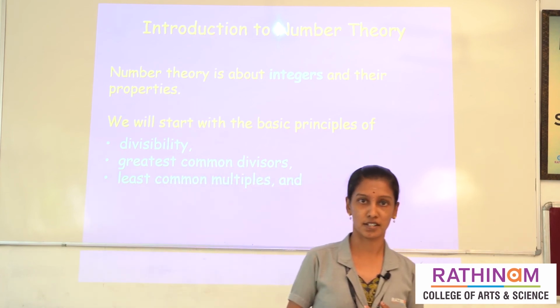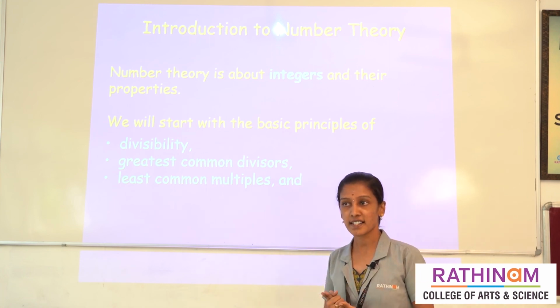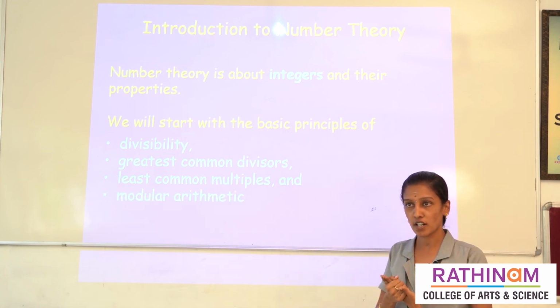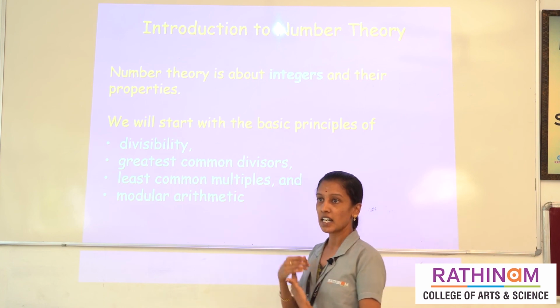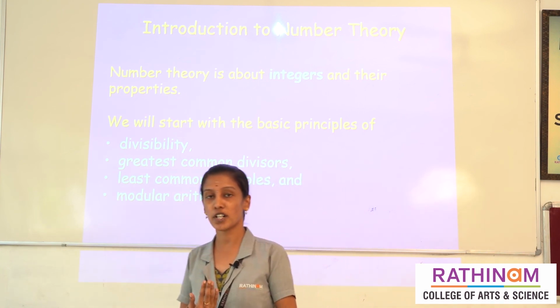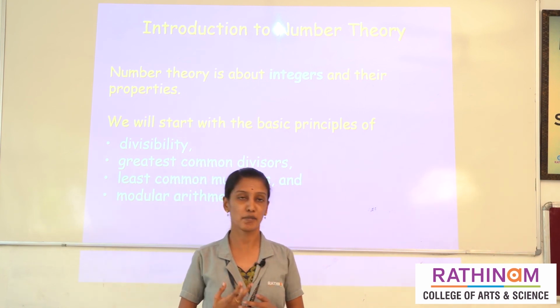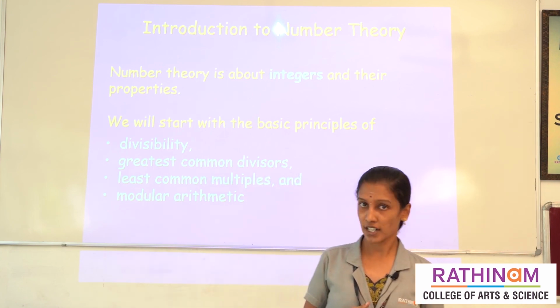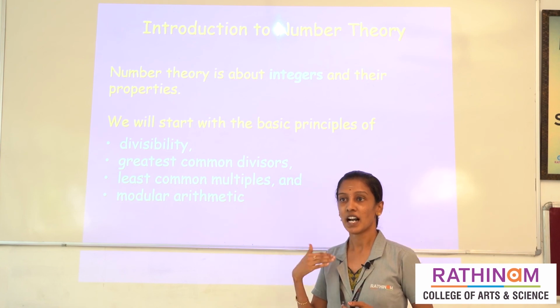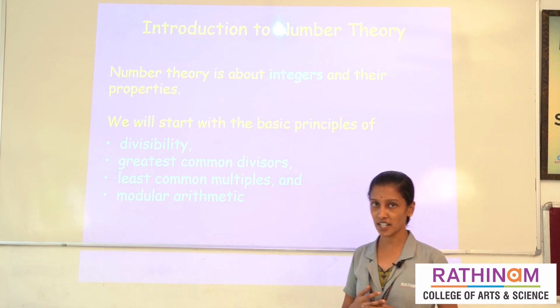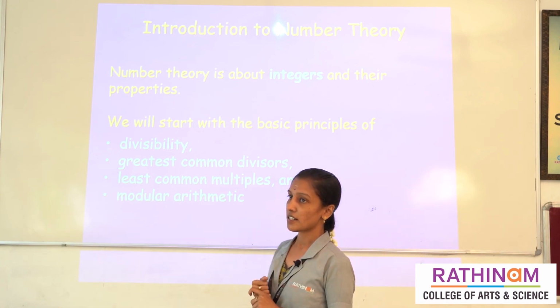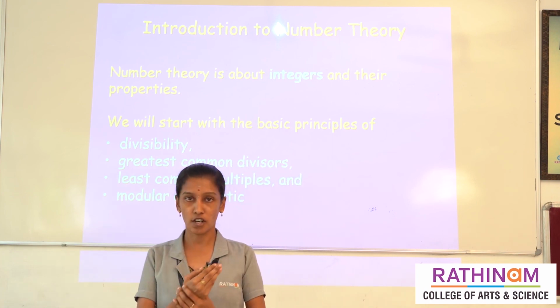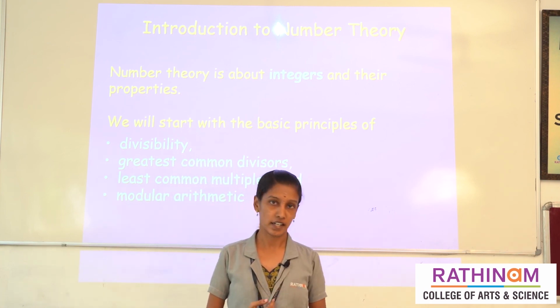These three concepts are very important in obtaining various results in number theory, like the fundamental theorem of arithmetic, the Euclidean algorithm and modular arithmetic. These are some advanced concepts in number theory, and I am stopping the three concepts here.